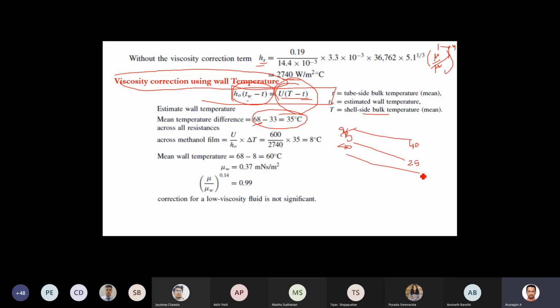Correct. So this is the average temperature 33, and here 135, around 68. So this is the actual approximate delta T between shell side fluid and tube side fluid, 35 degrees centigrade.